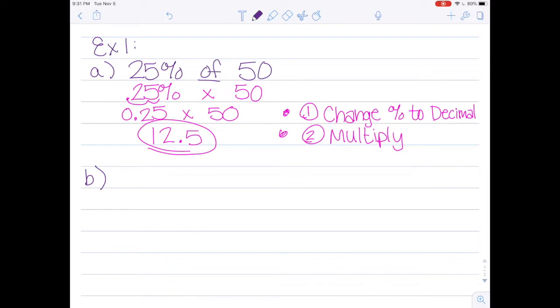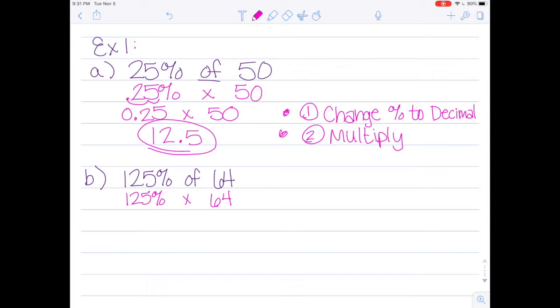Part B says what number is 125% of 64? So, this is actually 125% times 64.